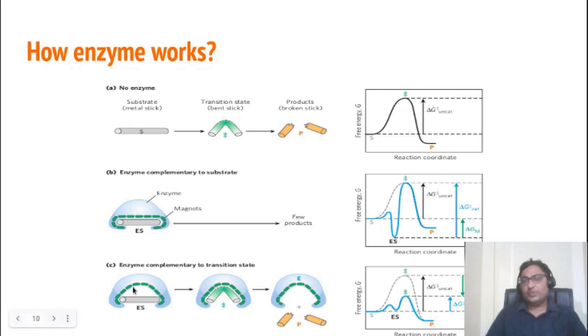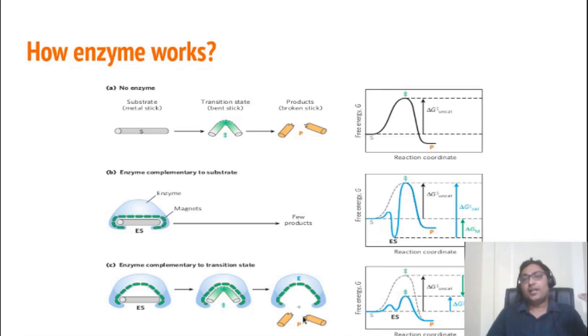So if you use an enzyme which has the conformation of the transition state, like a bent stick, then when the enzyme binds with the stick, it automatically makes the stick bend, and making the stick bend increases the energy of the system. That is, the ES complex has some level of energy, and this energy may be used to break down the stick.